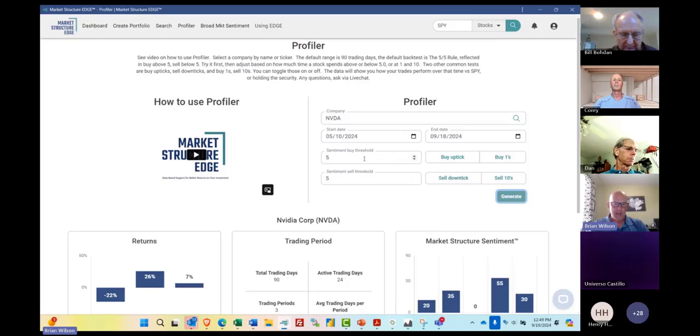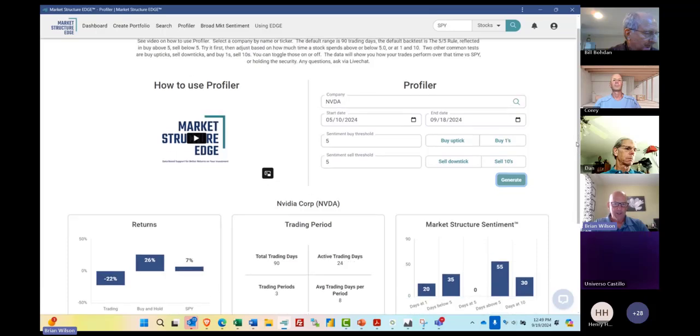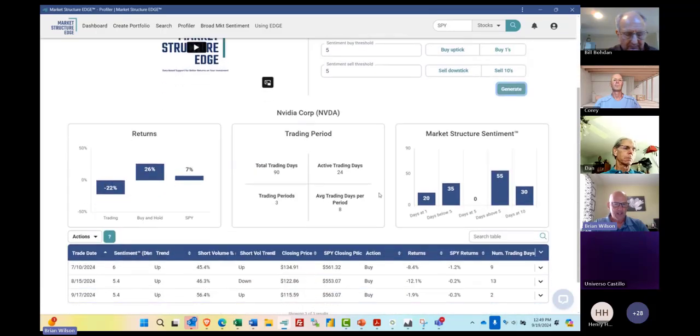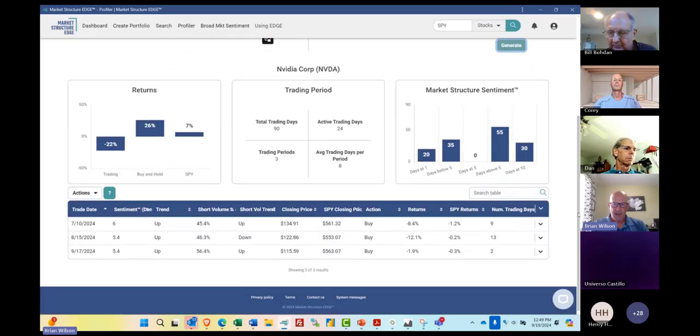So if we're looking at buying when sentiment is above 5 and then selling below 5 for NVIDIA, and this is covering 90 trading days, it tells you what's happening with those circumstances. And you can unpack it down below. It would give you 3 time frames where you would enter into those trades.